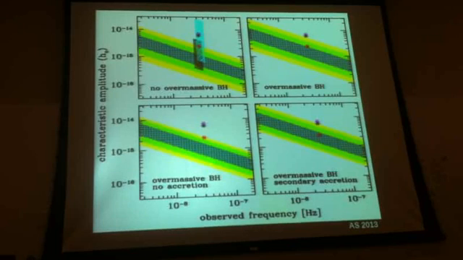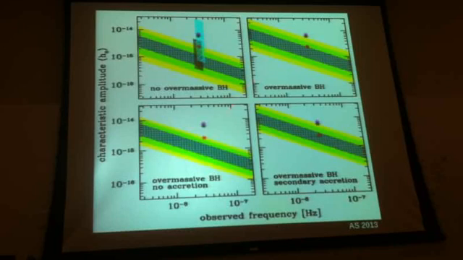And this is the sort of confusion background, right? Yeah, this is the average level of the confusion background that you expect from these models. Why is the constraint from the current observation only at one frequency, not at higher frequencies? Okay, there's a caveat. This is just something that is misleading, chosen just for representation purposes.